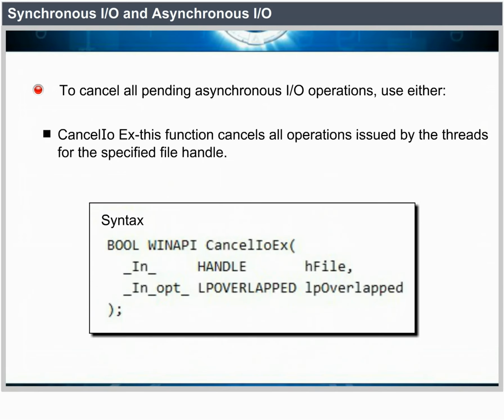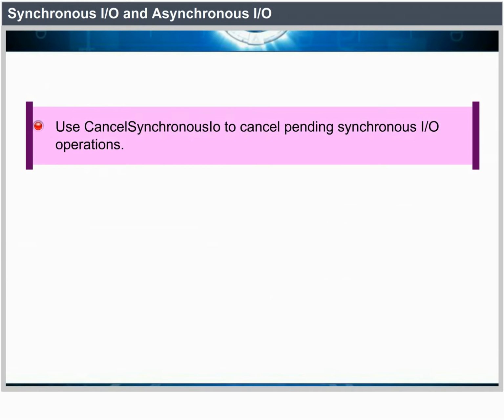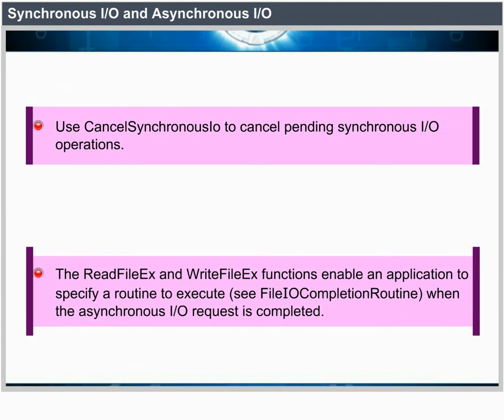Use CancelSynchronousIo to cancel pending synchronous input-output operations. The ReadFileEx and WriteFileEx functions enable an application to specify a routine to execute, LPOVERLAPPED_COMPLETION_ROUTINE, when the asynchronous input-output request is completed.